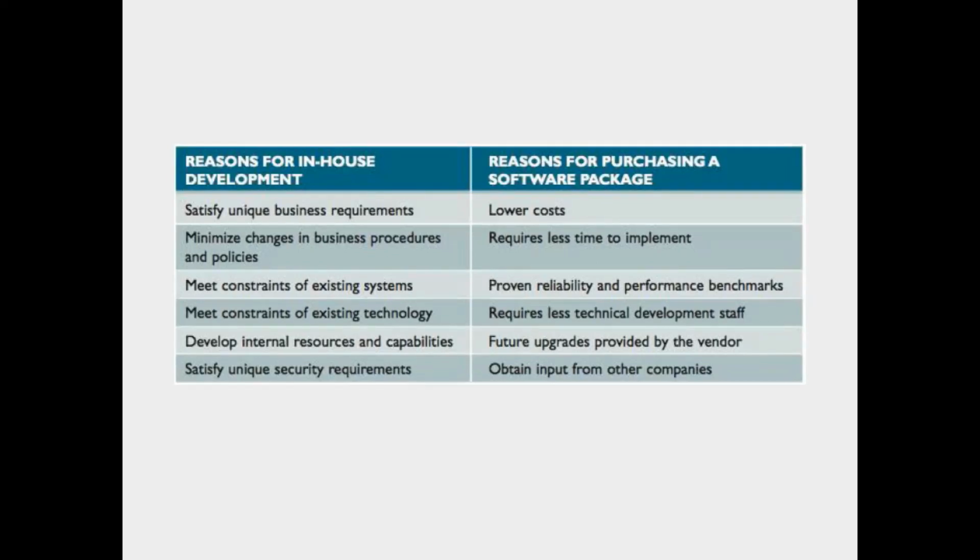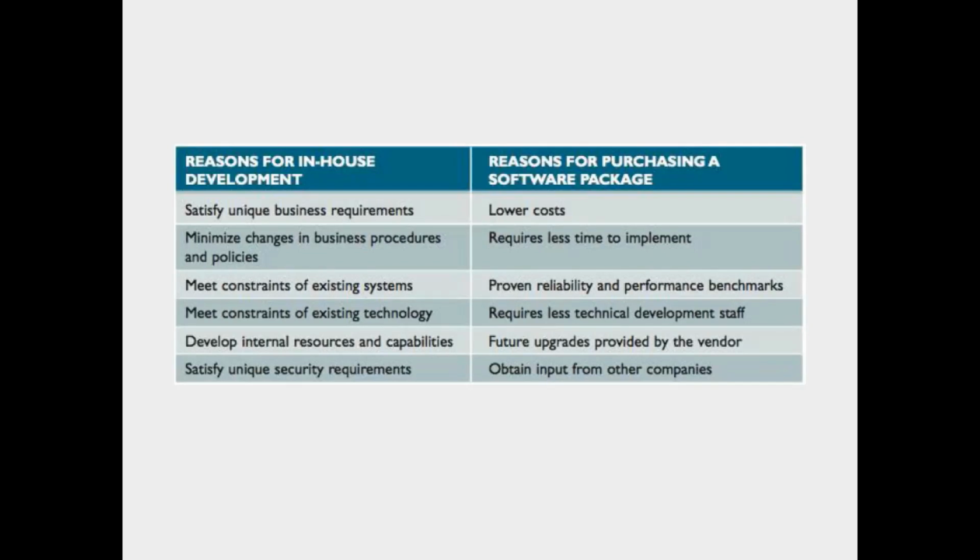Third one is, if you're purchasing some software, you can look for other customers who are already using their system, so you have some reliability and performance. You can check with the already existing customer base. And then you need less technical development staff.